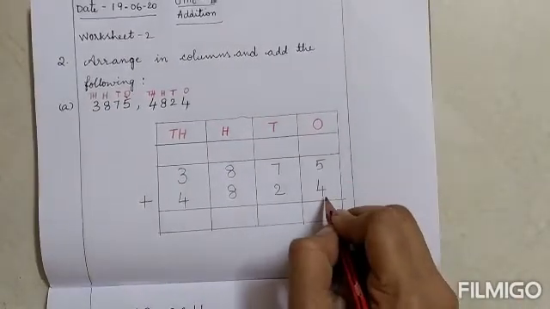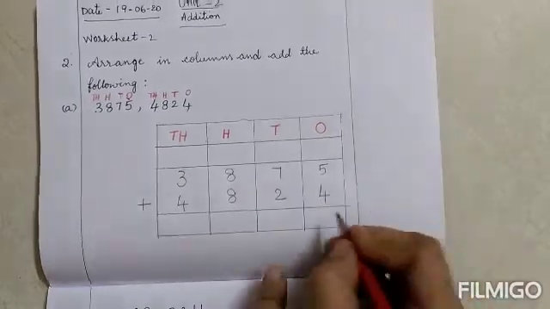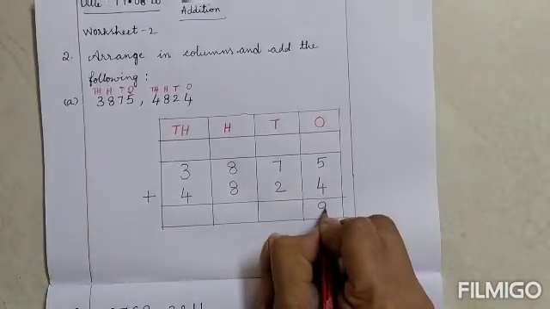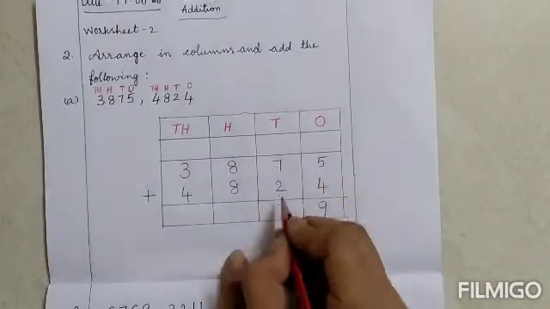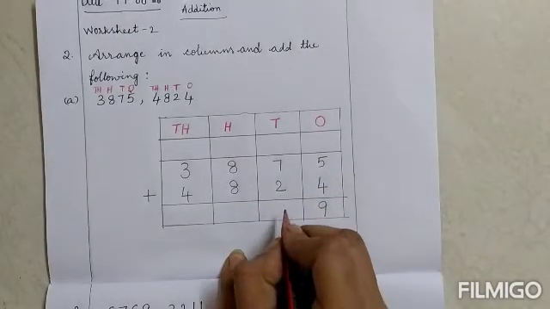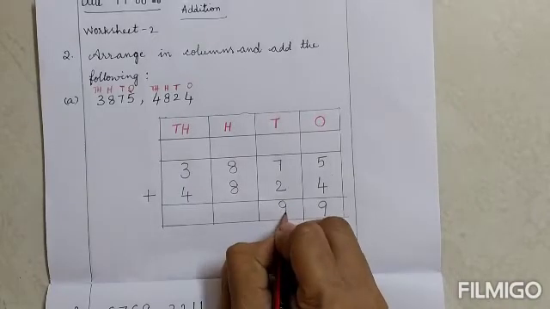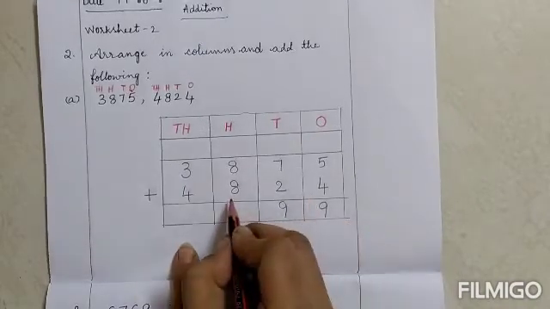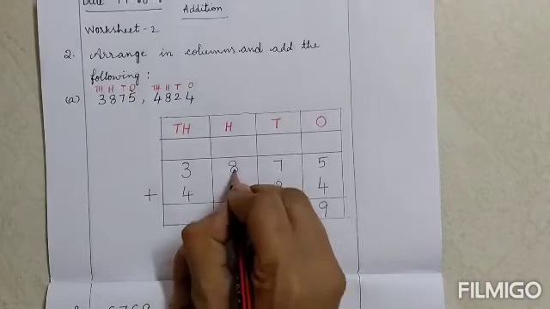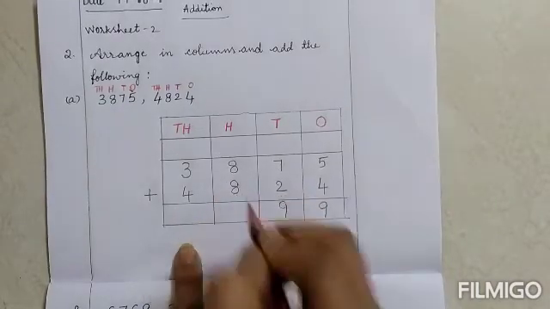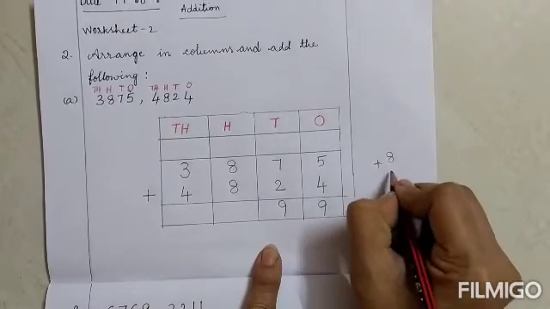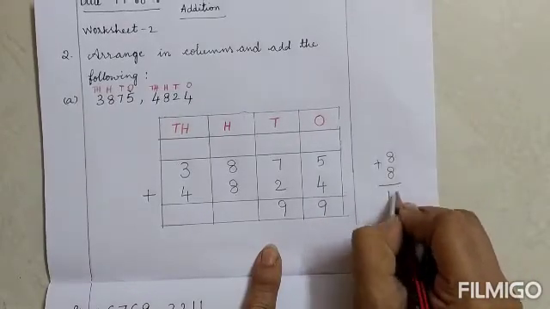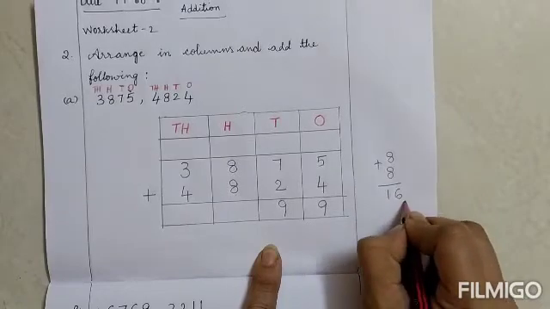Here 5 plus 4 is 9. Now in tens column, 7 plus 2 is also 9. Now in hundreds column, 8 plus 8 is 16. Here you get 2 digits.